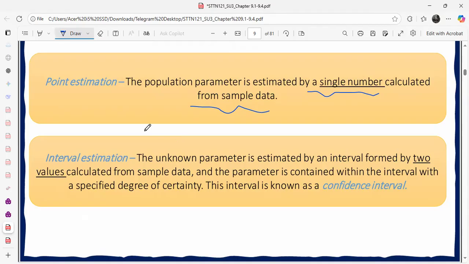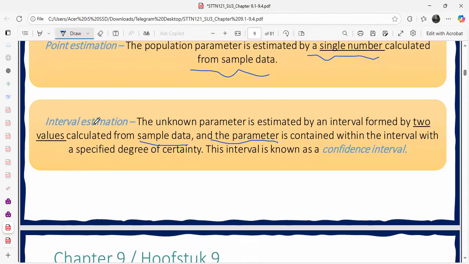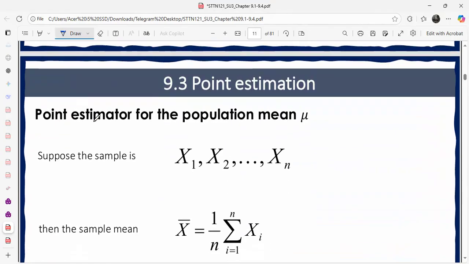The interval estimation is when the unknown parameter is estimated by an interval, and that interval is formed by two values, calculated from the sample data you will be given, and the parameter is contained within the interval.